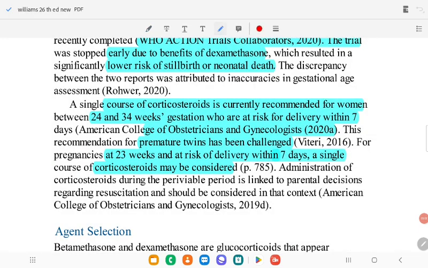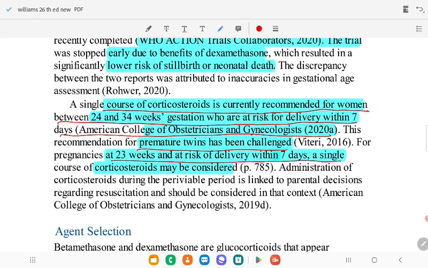A single course of corticosteroid is currently recommended for women between 24 to 34 weeks gestation who are at risk for delivery within 7 days. ACOG 2020 recommendation for premature twins has been challenged. For pregnancy at 23 weeks at risk for delivery within 7 days, a single dose of corticosteroid may be considered. Administration of corticosteroid is linked to parental decision regarding resuscitation, and should be considered in that context.